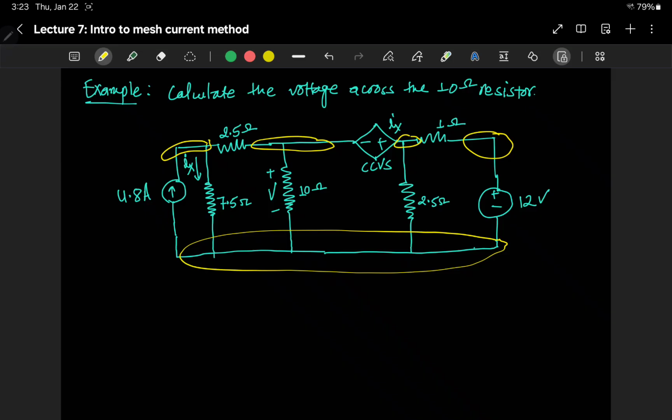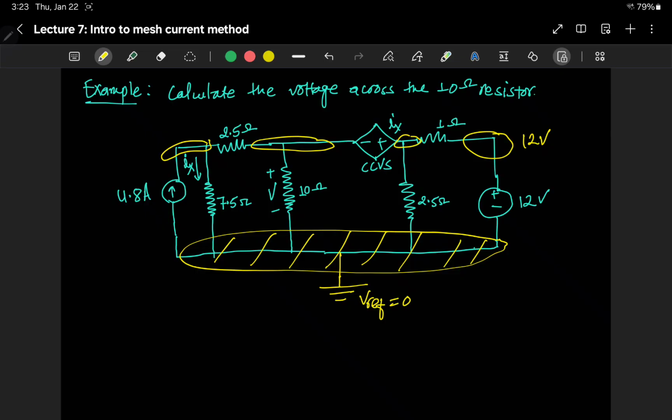So with that, how many independent nodes do we have? So considering the base, this is the reference node, and if we have V ref equals 0 here, this will be 12 volt. So the only 3 nodes that we don't know the value of voltages will be those 3.